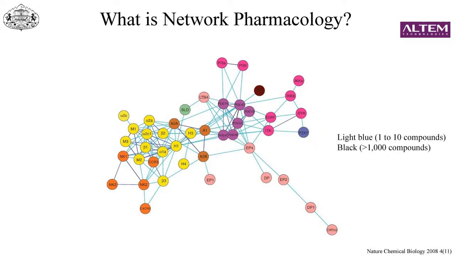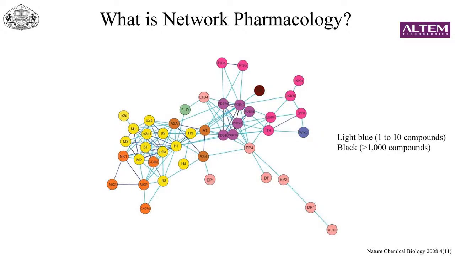A light blue line means that these two proteins share 1 to 10 compounds, and a black line suggests more than 1000 compounds. Imagine, of course, these are not just FDA approved drugs but other inhibitors as well, which didn't quite make it to the market, they were not accepted, but they inhibit.